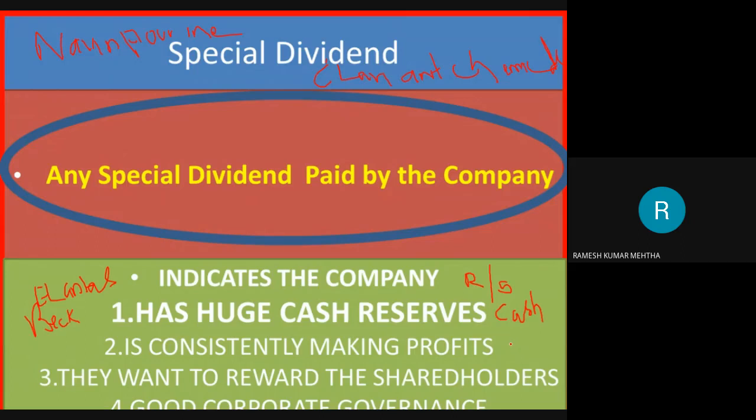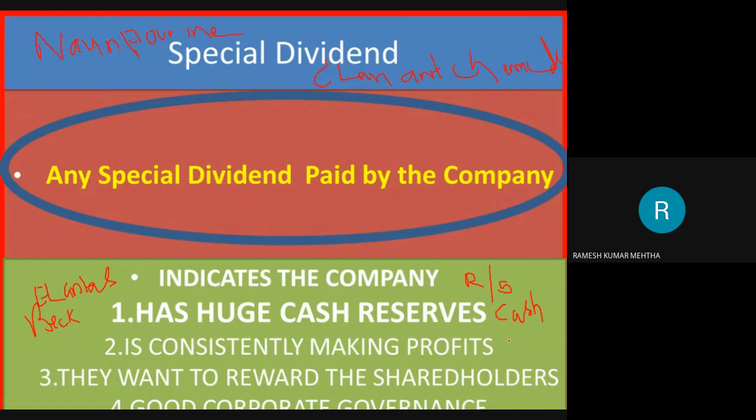The company is sitting on liquidity investments like cash, bank balance, and short-term investments in mutual funds and other areas. Just now I told you about subsidiary companies and others.